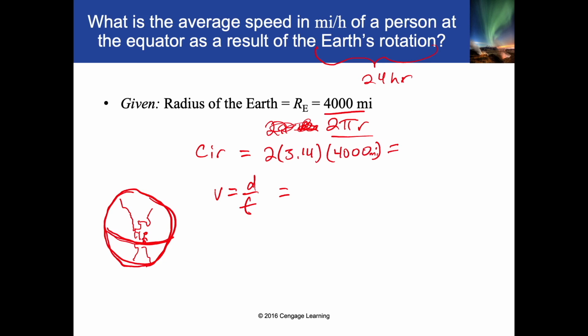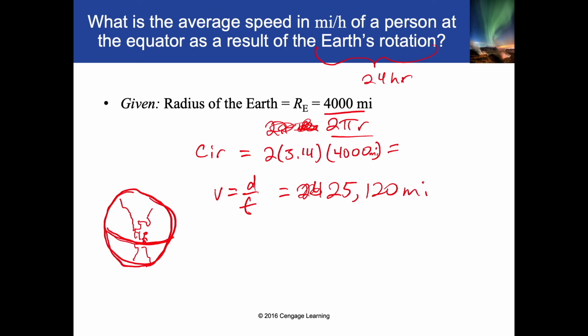Let's do that real quick. 2 times 3.14 times 4,000 miles. That person traveled a very long distance, 25,000, oops, not 24, 25,120 miles. Man, just standing there for a whole day, that's how much you travel.